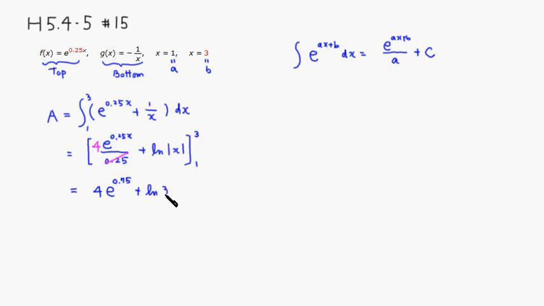Because 3 is a positive number, we don't really need the absolute value sign. And a minus, plugging in 1: 4 times e to the 0.25, plus natural log of the absolute value of 1. We know that the natural log of 1 is 0, so this guy is 0.